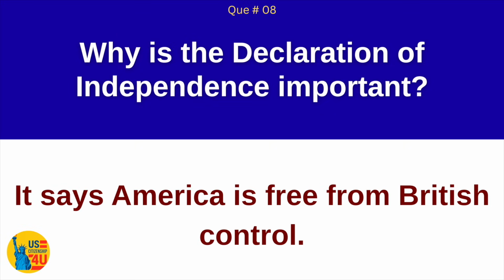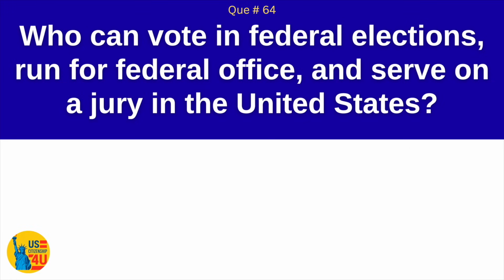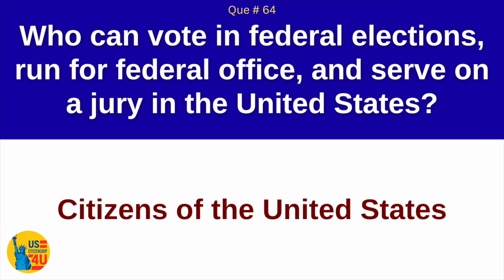It says America is free from British control. Who can vote in federal elections, run for federal office, and serve on a jury in the United States? Citizens of the United States.